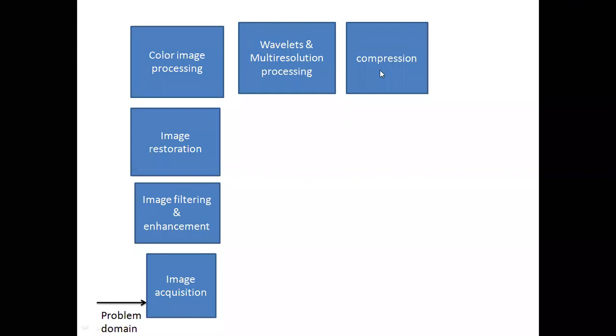If you need to transmit an image over a long distance, and the size of the image is large, it requires more bandwidth. So what you'll be doing is compressing the image and then transmitting it, so that it reduces the bandwidth.